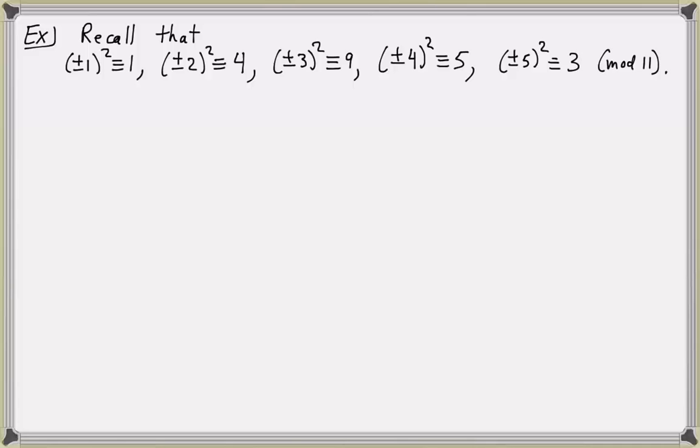So with this definition of quadratic residues, we see that 1, 4, 9, 5, and 3 are all quadratic residues mod 11.